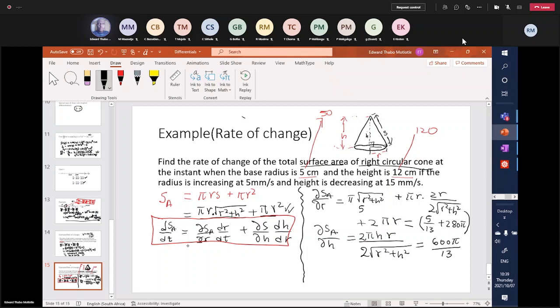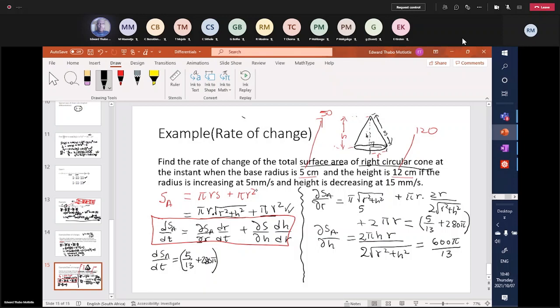Okay, so now this means here ds dt is equal to, so here I'm going to substitute my value, 5 over 13 plus 280 pi. And the dr dt is what?